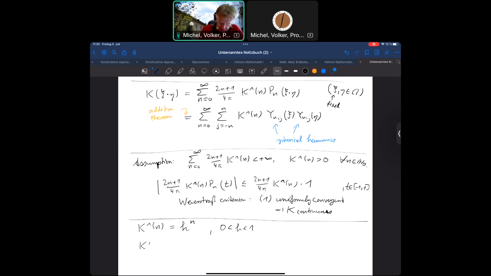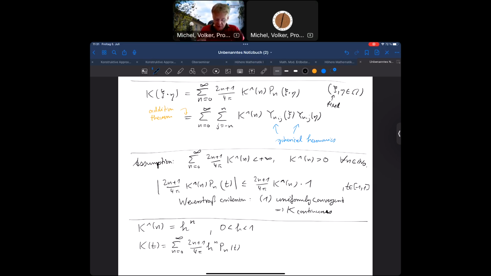if t, I will write t again, would be the sum for n equals 0 to infinity of (2n plus 1) over 4 pi, and then h to the n, Pn of t. Why am I talking about this particular choice? Because for that particular case, we know the limit. You can find out to what this function converges.